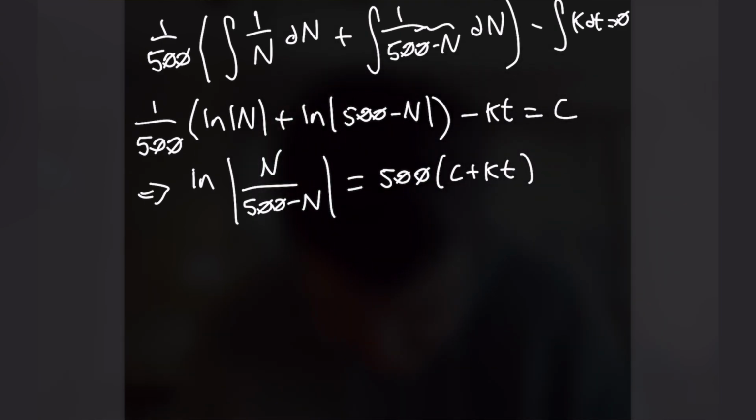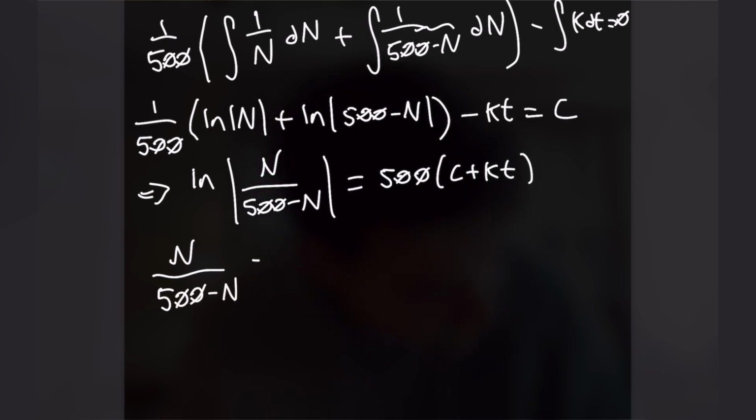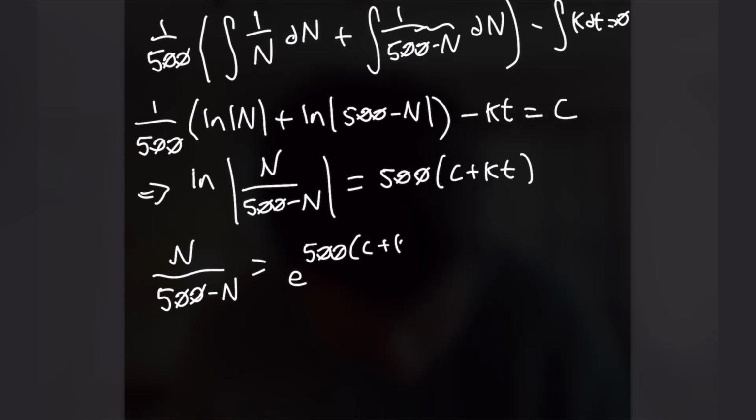Now I'm going to go ahead and rearrange this so it is easier to look at, and you could potentially solve this for n, but I'm not going to do that because I don't think it's necessary. But once you rearrange it, you will see that the natural log of n over 500 minus n is equal to 500 times c plus kt. And we can exponentiate both sides to get n over 500 minus n is equal to e to the 500 times c plus kt.